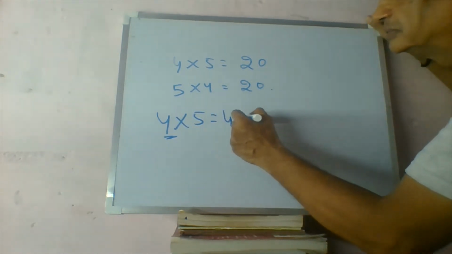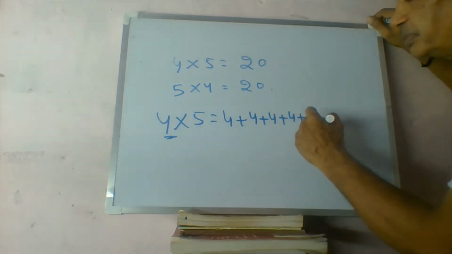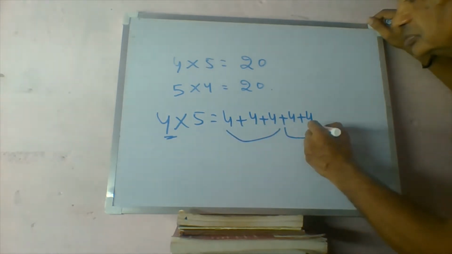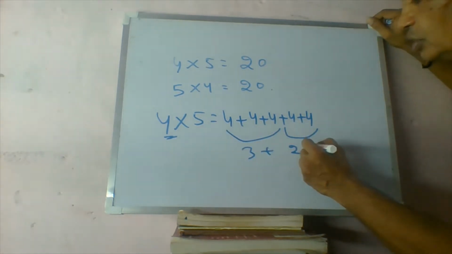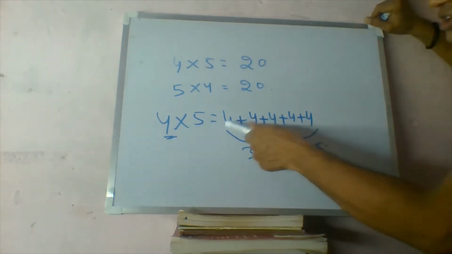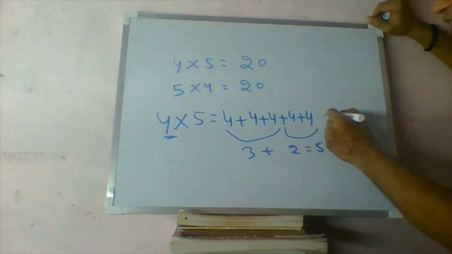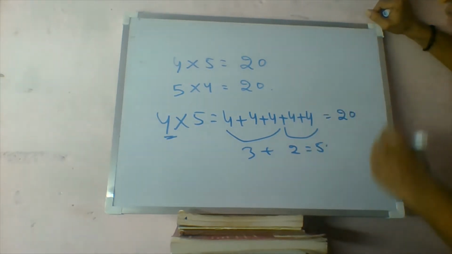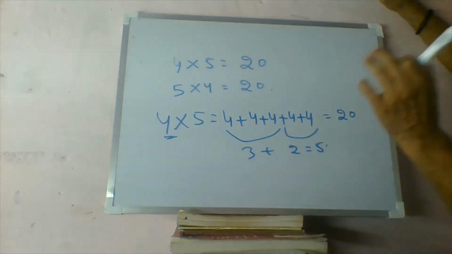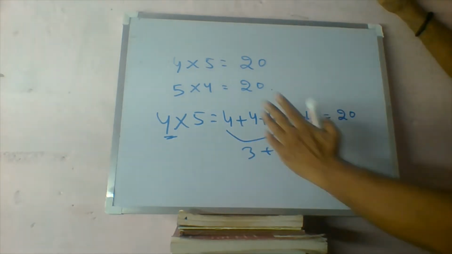That is 4 plus 4 plus 4 plus 4 plus 4, 5 times. So 4 plus 4 is 8, 8 plus 4 is 12, 12 plus 4 is 16, plus 4 is 20. So basically when we say 4 into 5, we mean 5 fours: 1, 2, 3, 4, 5 fours to be added together.